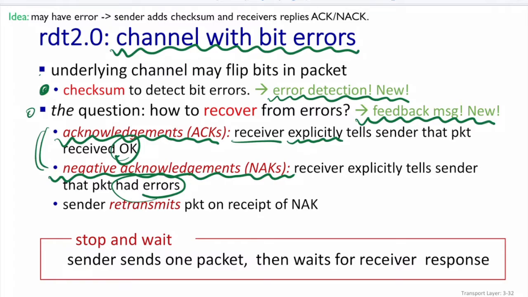It can be NAK or NAC, which is okay. After the sender receives such a negative acknowledgement, the sender will retransmit the packet again, so that they can recover from these bit errors. We'll talk about this later.